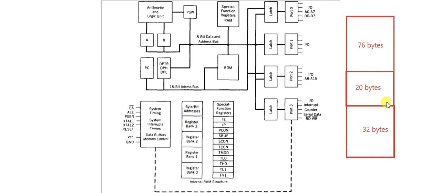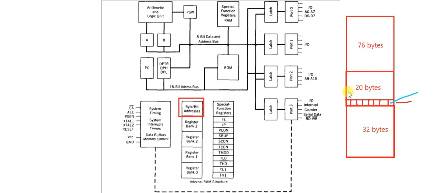Now the next area is of 20 bytes, which is called the bit addressable RAM, where we can access a particular byte of memory by byte address, and it is again separated by 8 bits. In this area we can access a single bit of the memory.